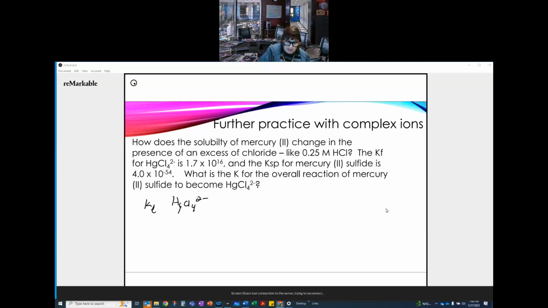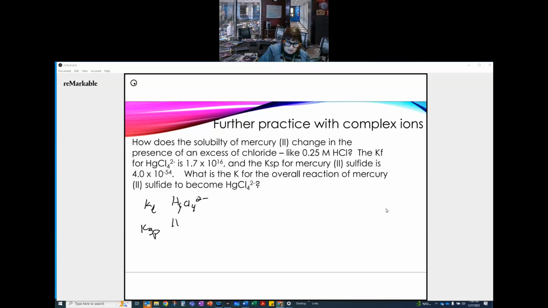We also know that there's a Ksp for HgS, so Hg2+ S2 minus, that's mercury sulfide, and that has a value as well. So this value right here is 1.7 times 10 to the 16th. This value is 4.0 times 10 to the negative 54th.